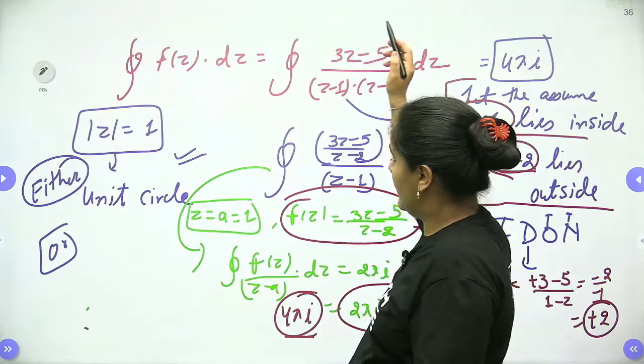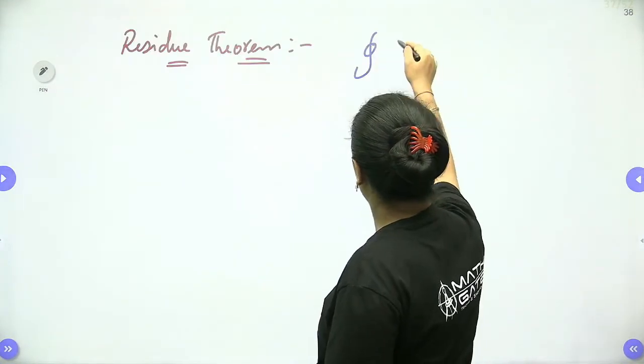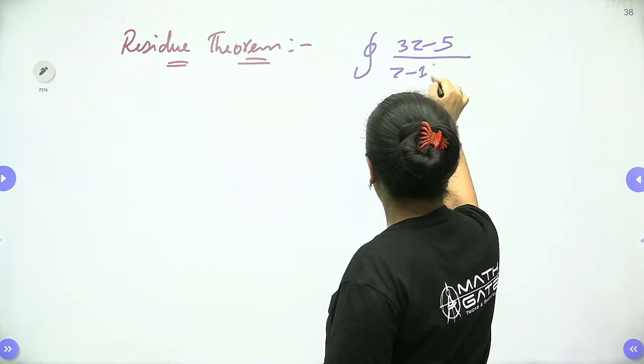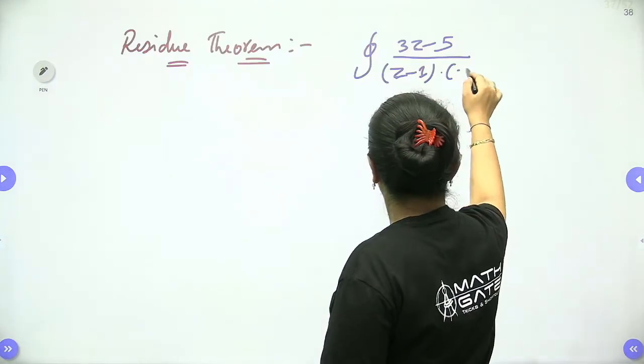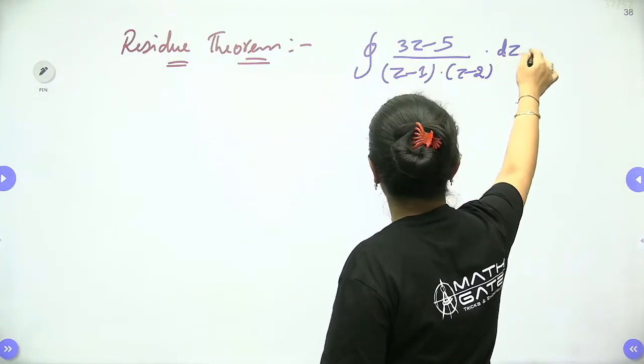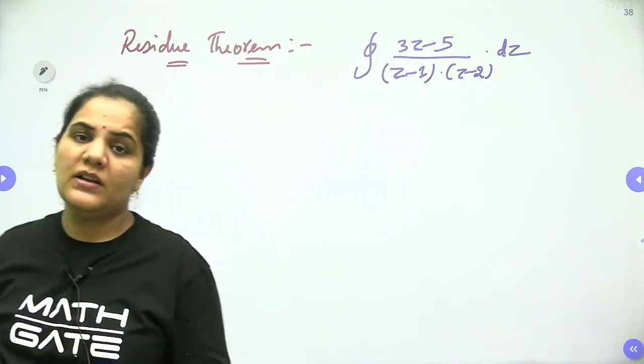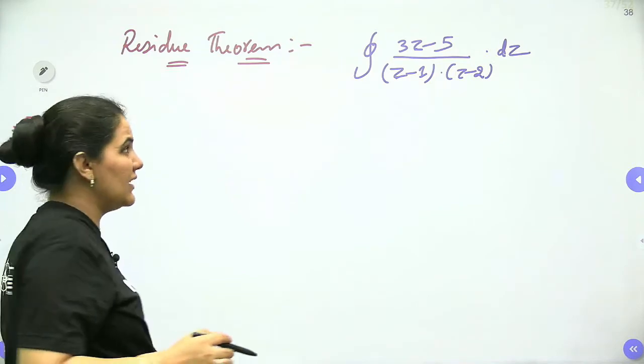First of all, let me write down the function. The function is (3z - 5) divided by (z - 1)(z - 2), dz. So we can approach from here that we have to find the residue at the poles.